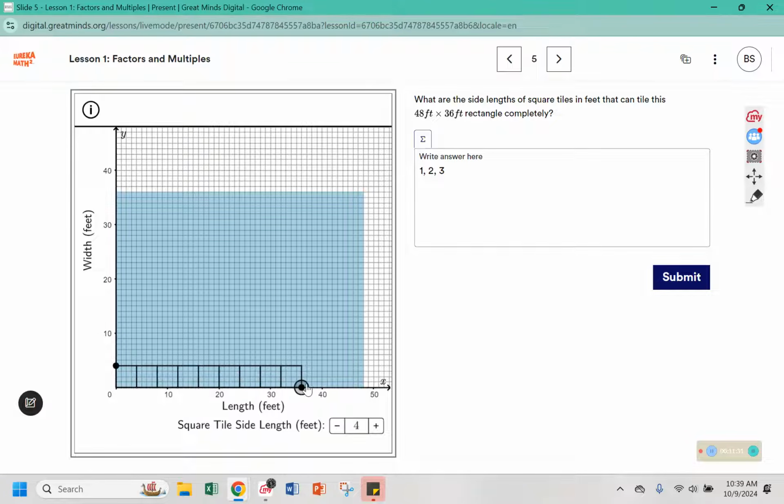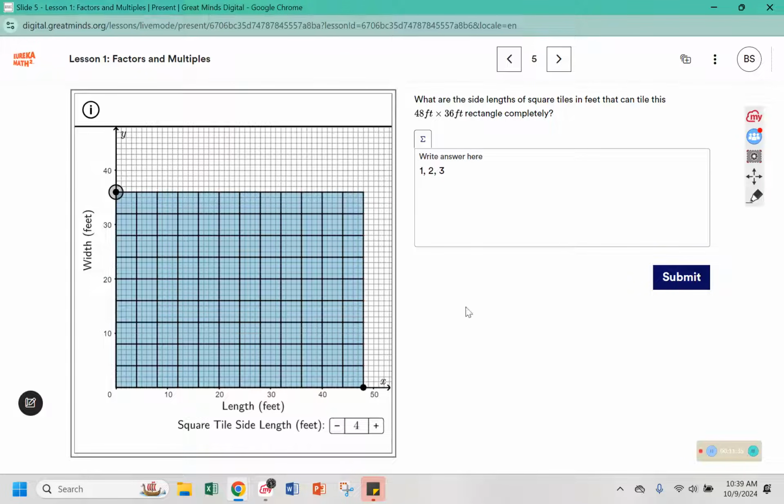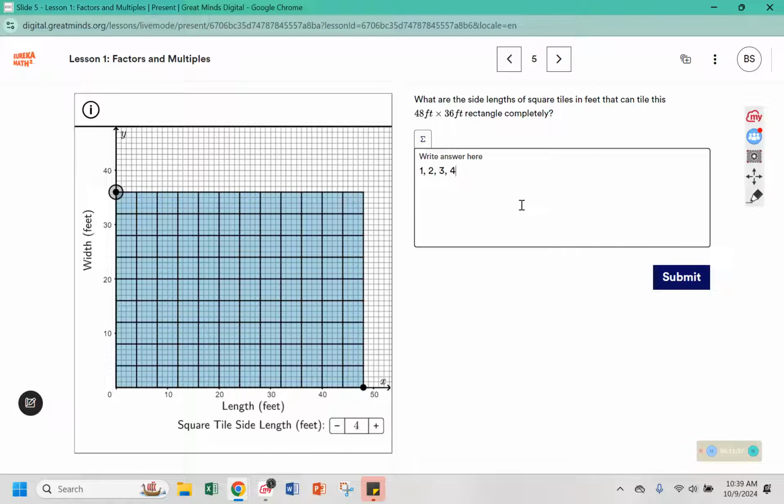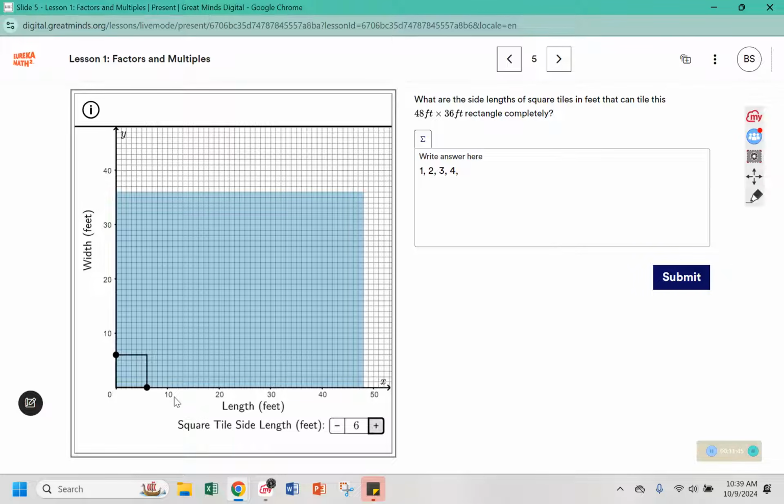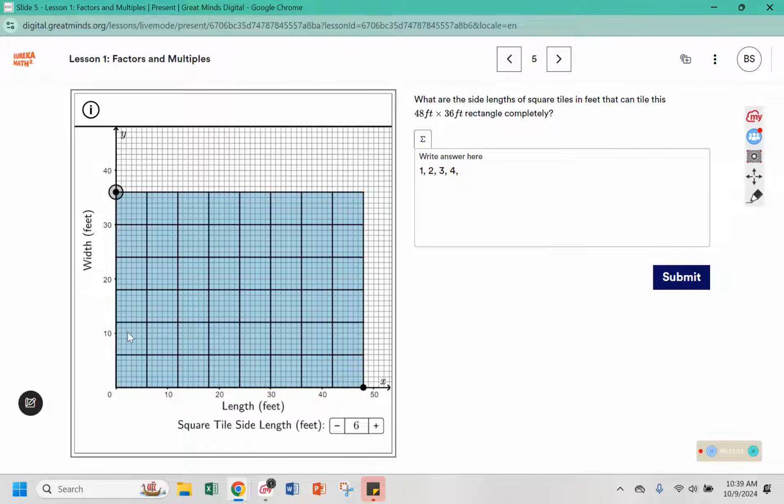How about 4? 4 works for 48 and for 36. 5 isn't going to work. 5 times 7 is 35, but we won't be able to get 36 using 5s. 6 times 6 is 36. And 6 times 8 makes 48.